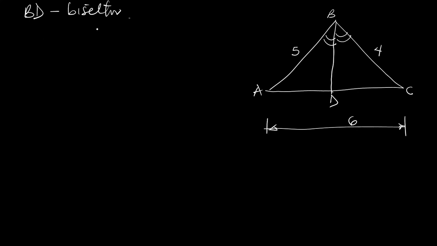So, we are given a problem where you have a triangle where side AB is 5, BC is 4, AC is 6. Now, we are asked to find y, and BD is a bisector, the angle bisector of a triangle.